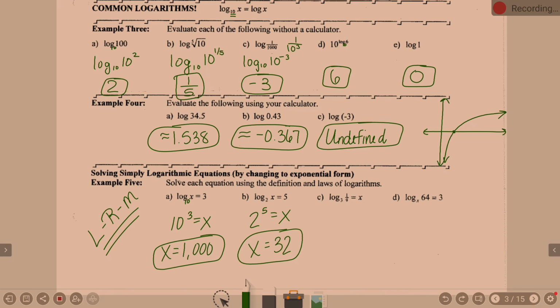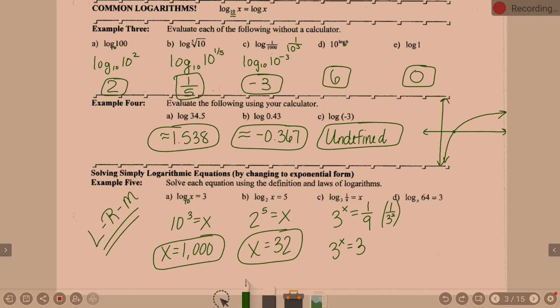Left, right, middle. 3 to the x is 1/9. Ah, this is more like what we had to do up top. You don't need a calculator for this. What do we know about 1/9? It's 1 over 3 to the second.